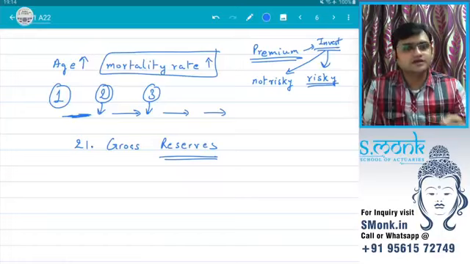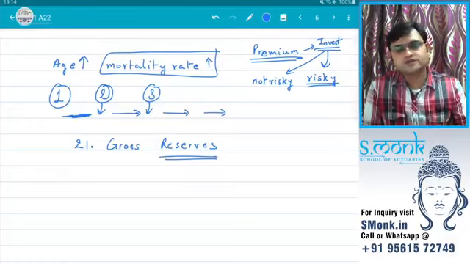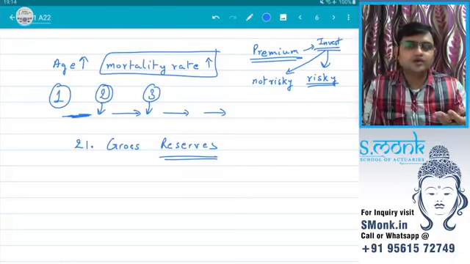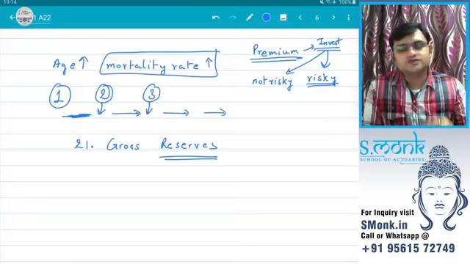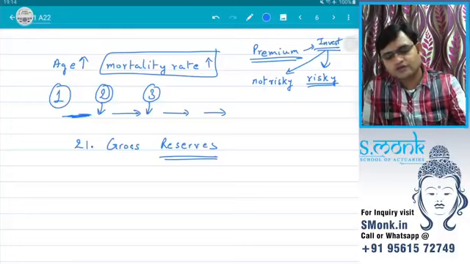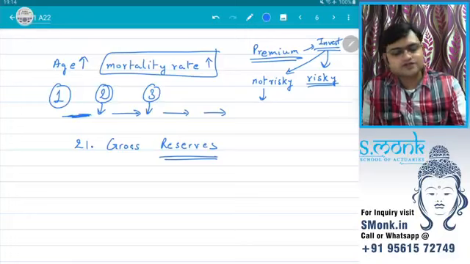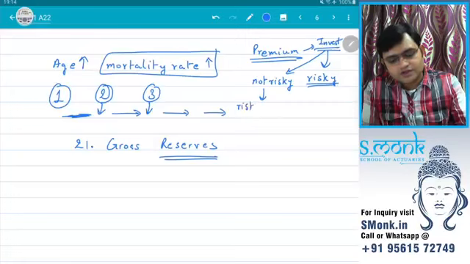Similarly, there are other kinds of bonds or investments, especially government bonds. If I'm investing in government bonds, the chances that the government will not pay me back are almost negligible. So those kinds of investments are called not risky, or you can call them risk-free investments.